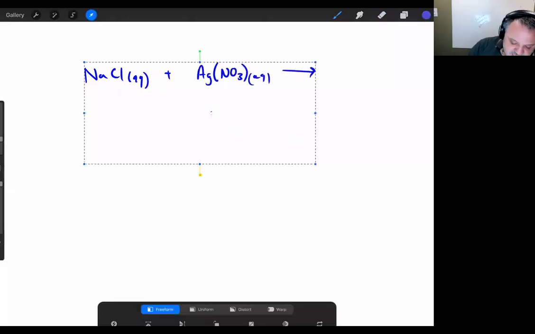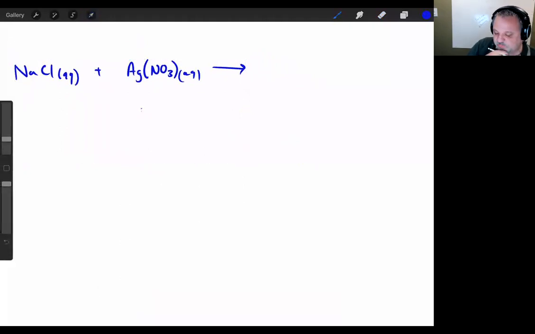Now, in the lab, you're going to see an actual video of what happens, so you can see if there's a chemical change. But ultimately, what we rely on is solubility rules.